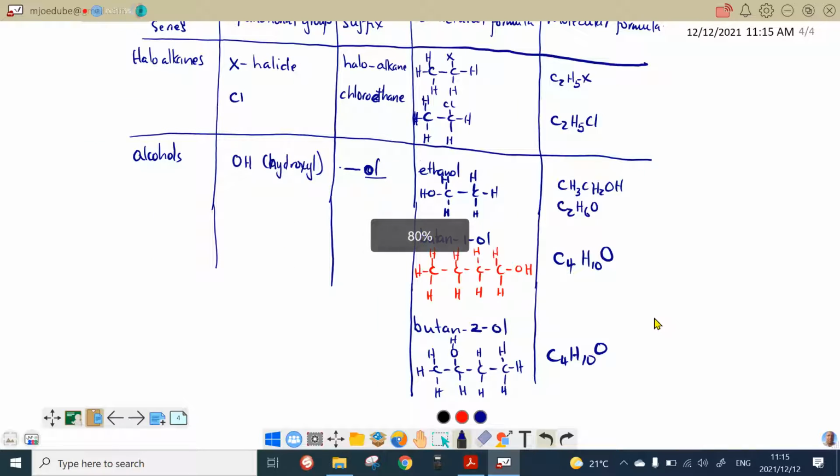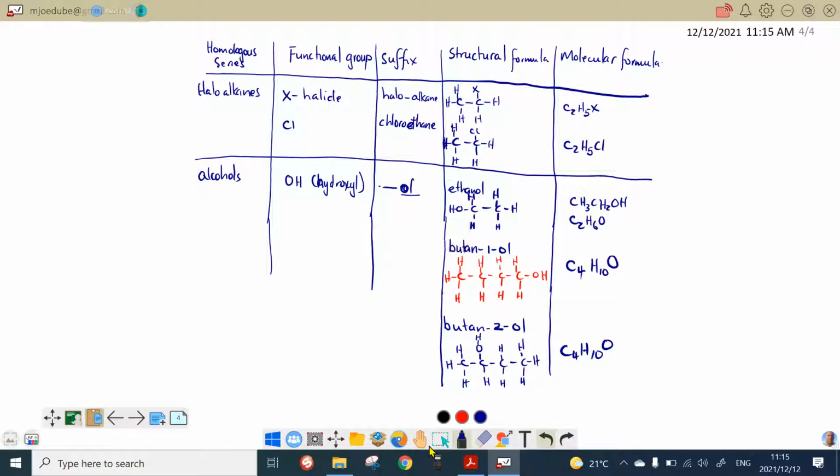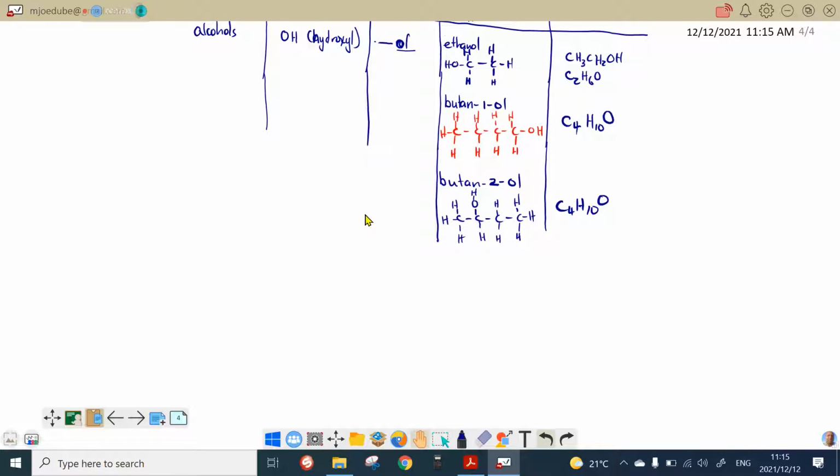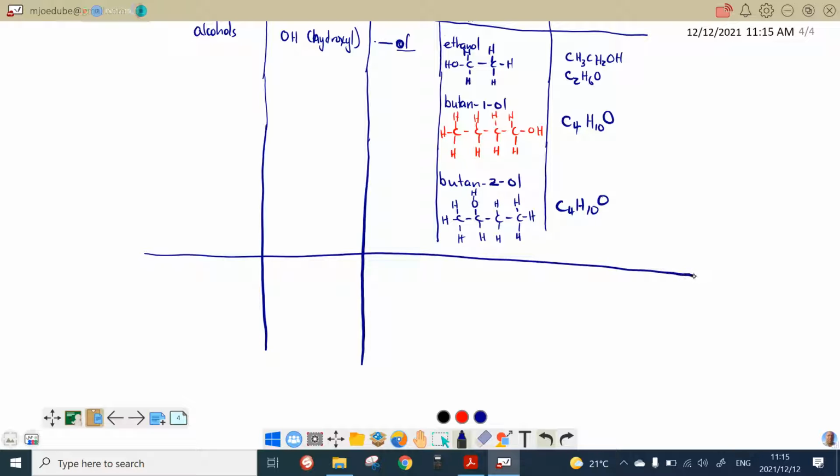So basically, that's how you would represent your oxygen, your alcohols, as a functional group, a homologue. And it's important that you always count the number of atoms that are bonded around each carbon, or around each atom that is participating in the bond.